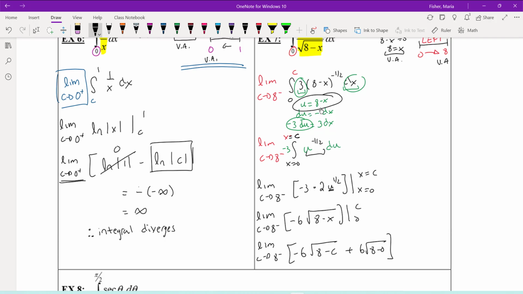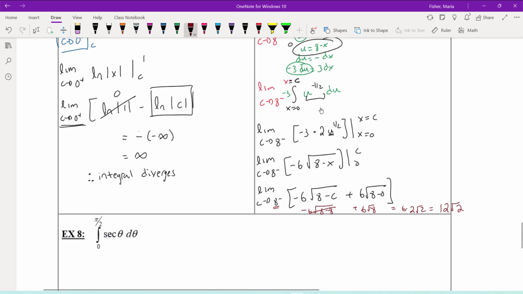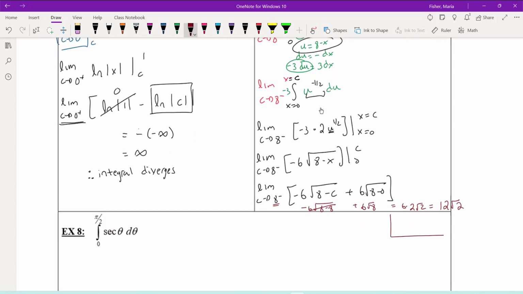What happens when I plug in an 8? Well, when I plug in an 8, this becomes negative 6 square root of 8 minus 8, and that's just going to be 0. And then this over here is just 6 square root of 8, which I know the square root of 8 is really 2 square root of 2. Therefore, I end up with 12 square root of 2. That means that my limit is equal to 12 square root of 2, and since my limit exists, I know that my integral converges.